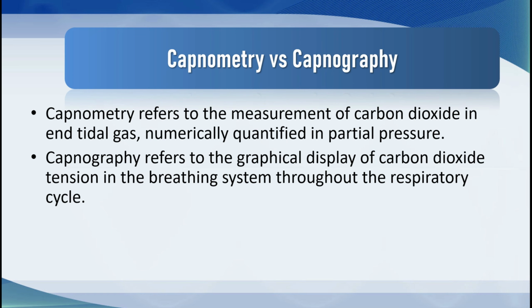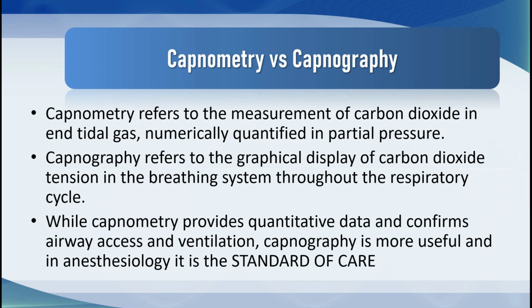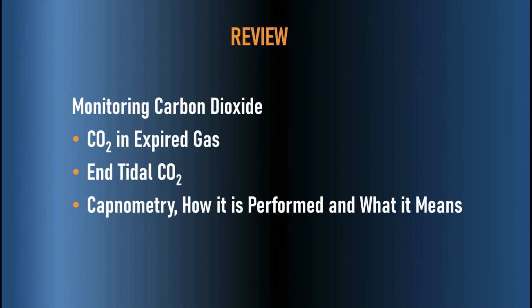Capnography refers to the graphical display of carbon dioxide tension in the breathing system throughout the respiratory cycle. While capnometry provides quantitative data and confirms airway access and ventilation, capnography is more useful, and in anesthesiology, it is the standard of care.